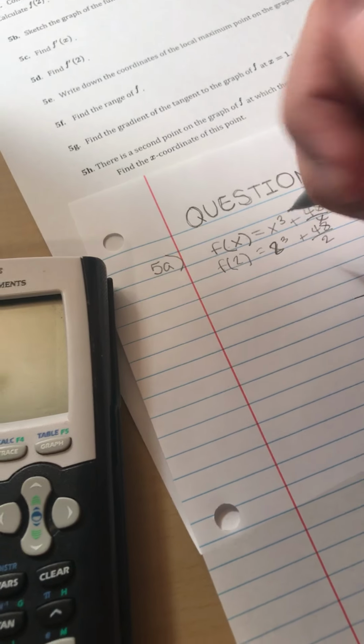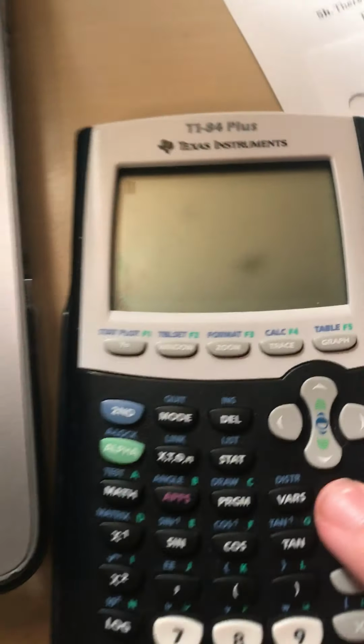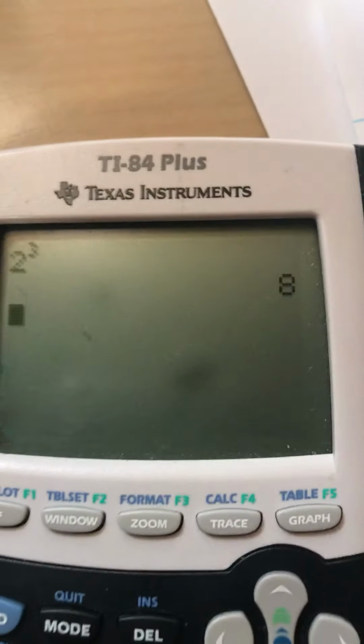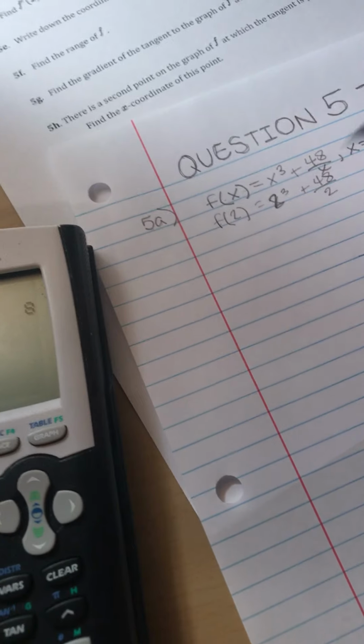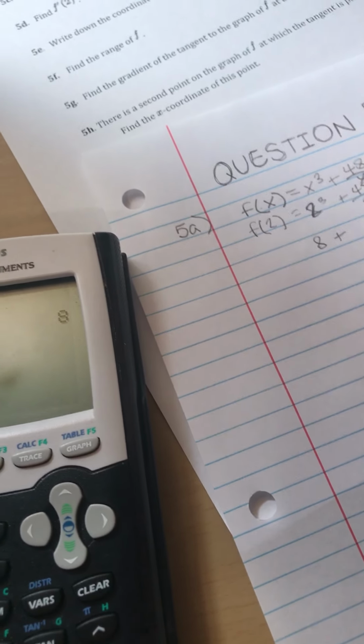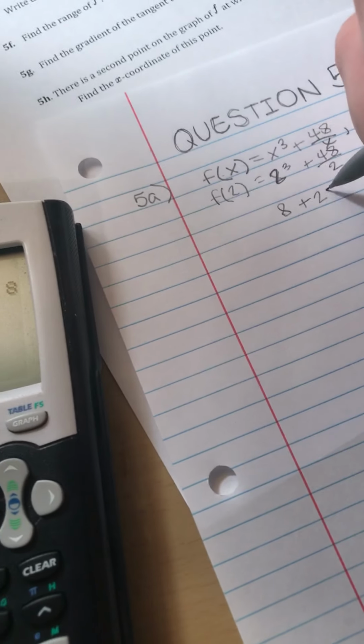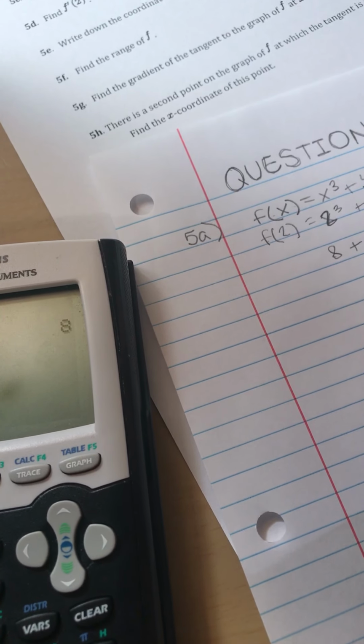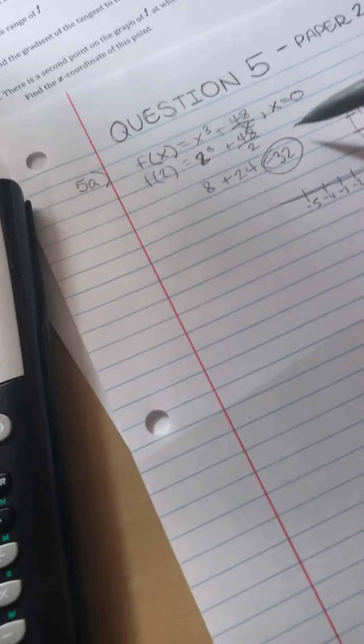And 2 to the third, I'm pretty sure it's 8, but I'm just going to make sure. Okay. 8 plus 48 over 2 equals 24, and then 8 plus 24 equals 32. So that is my answer to part A.